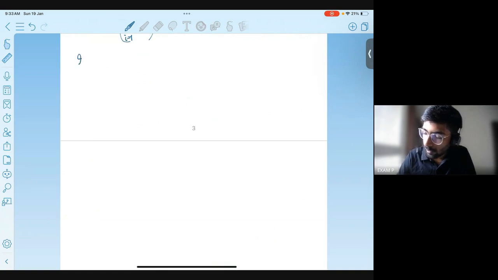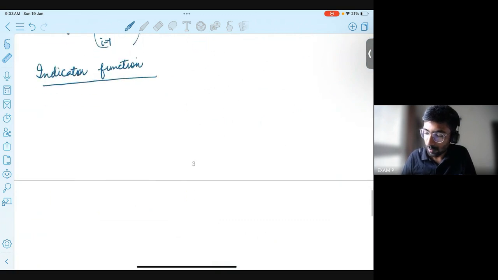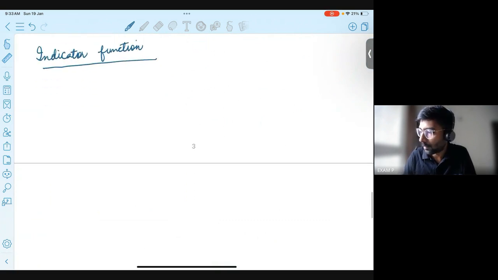Okay. Then indicator function. This is in general a very important thing. Not just for this exam or anywhere, indicator function is a common thing that you should know. So notation, be very careful about the notation. I is just because of this word indicator.